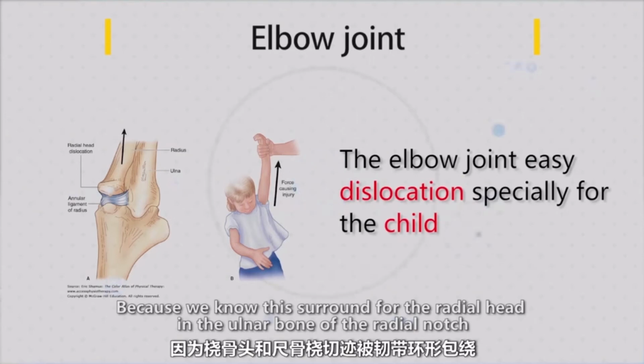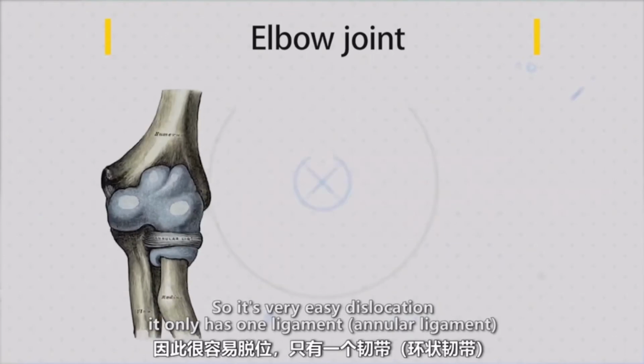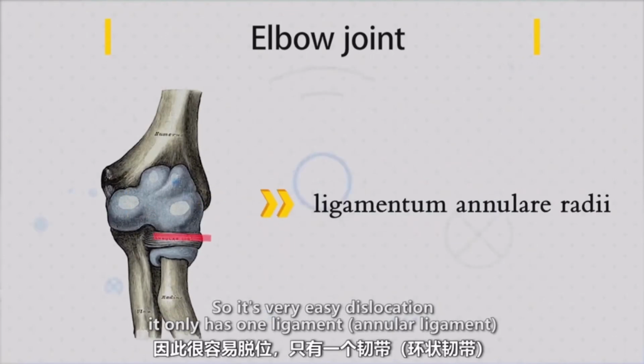So it is a very easy dislocation. We have only one ligament to support it. It looks like this, and that is what we call the annular ligament.